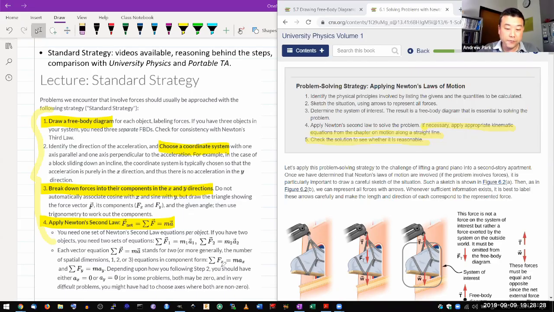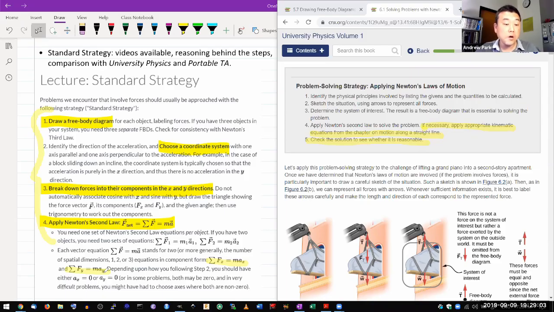Once you have written down Newton's second law equations, what you have left is a system of equations on which you can do the algebra to solve for the unknowns. Sometimes, depending on the problem, you might have to bring in additional information, like the kinematics equations, to have enough equations for the number of unknowns you have.